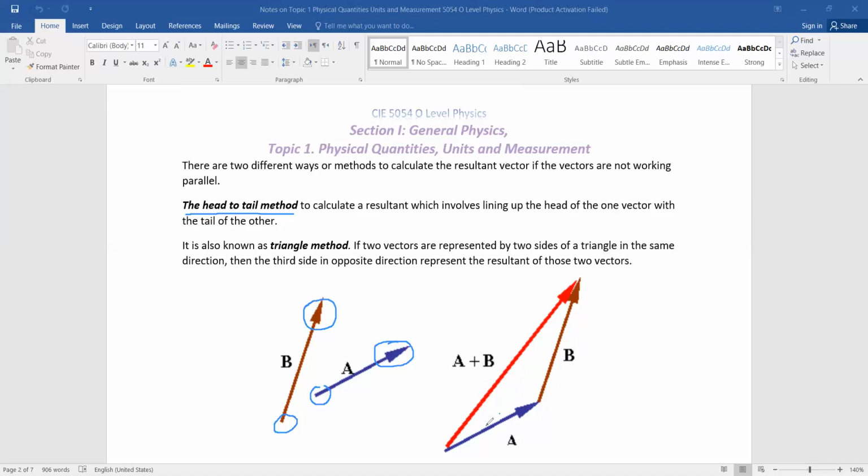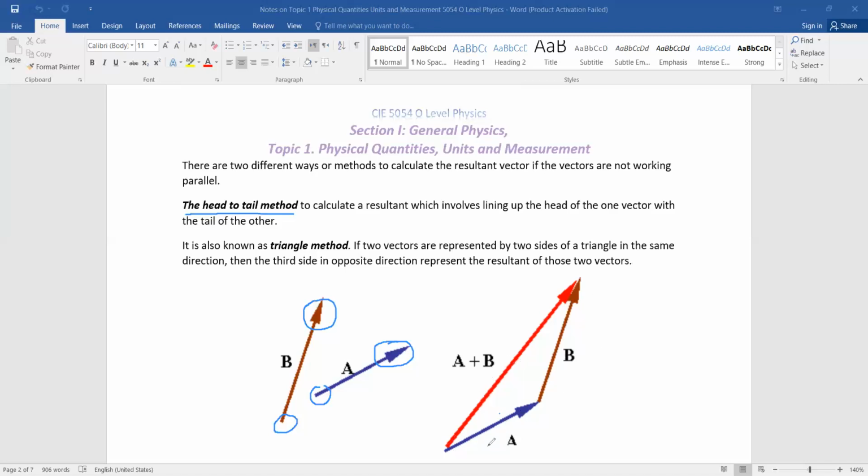We can say that A and B, their direction is anti-clockwise. Understand? If A and B are working anti-clockwise, then the resultant will work clockwise, right?